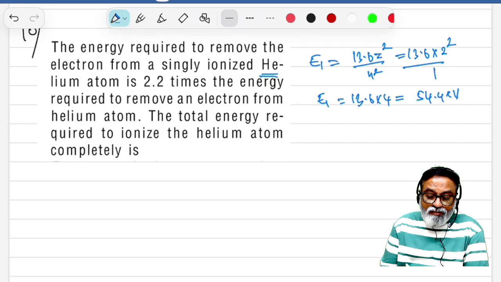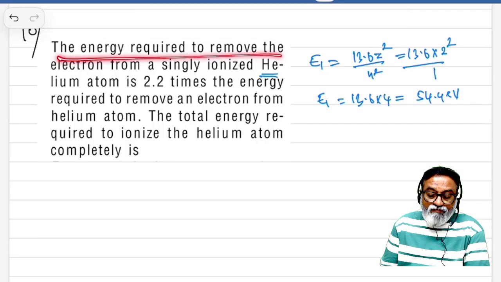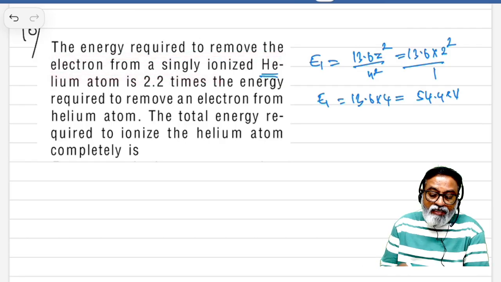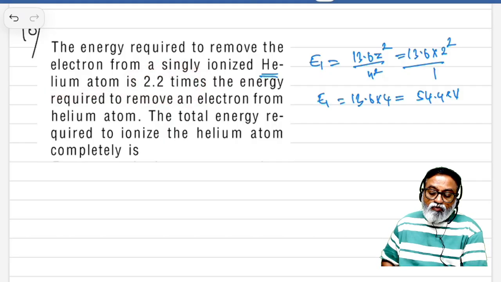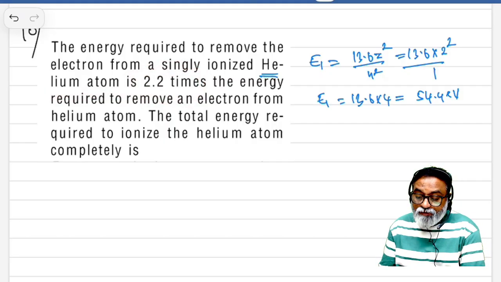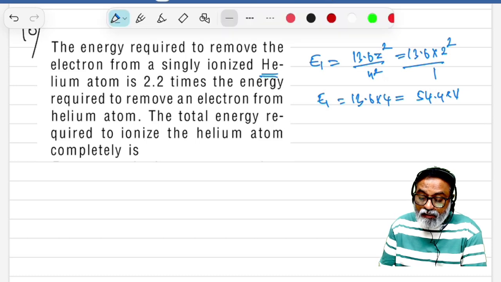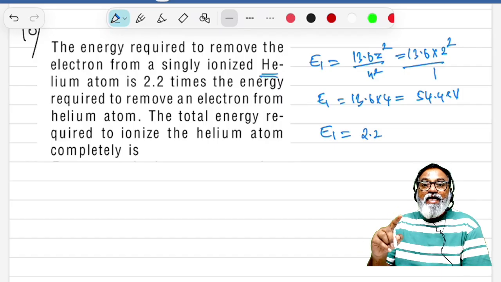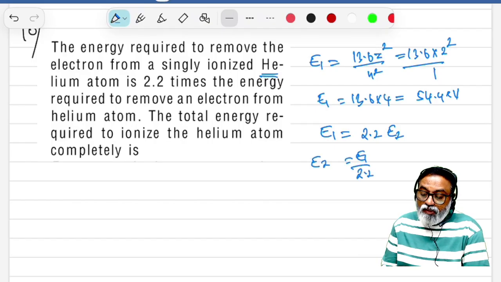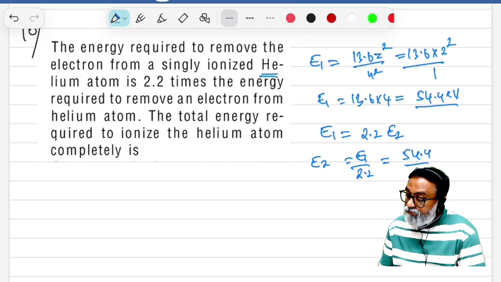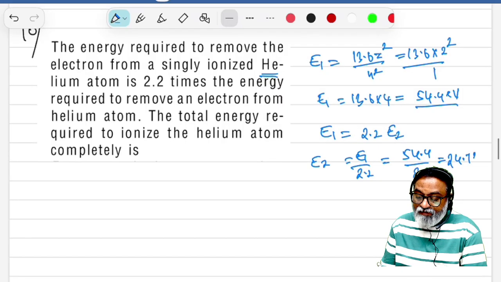Next one. Here it is given that the energy required to remove the electron from singly ionized helium is 2.2 times the energy required to remove the electron from the helium atom. This becomes E1 is equal to 2.2 times the energy for the remaining electron, which I am taking as E2. Therefore, E2 is equal to E1 by 2.2, that is 54.4 by 2.2, which becomes 24.73.